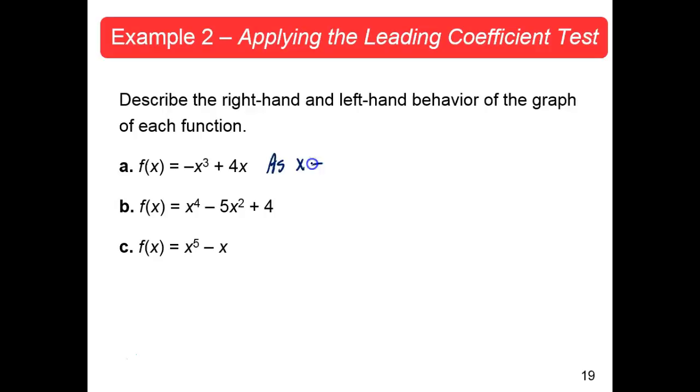As x approaches blank, f of x approaches blank. And as x approaches a different blank, f of x is approaching some blank. And we're going to say the same thing for all three of these.